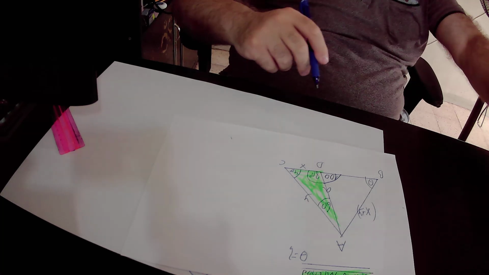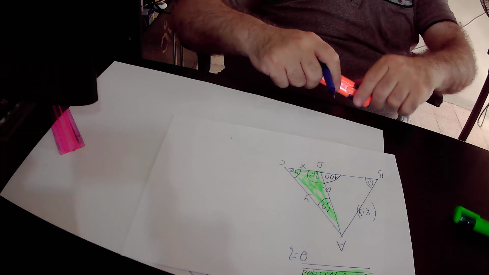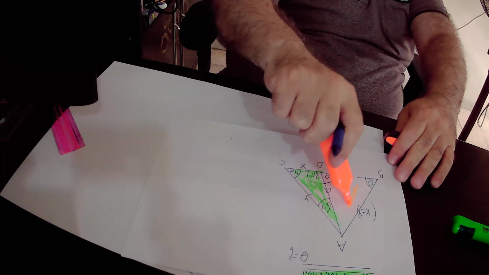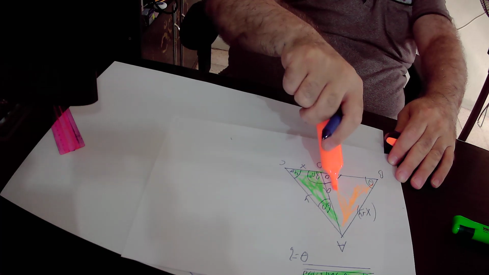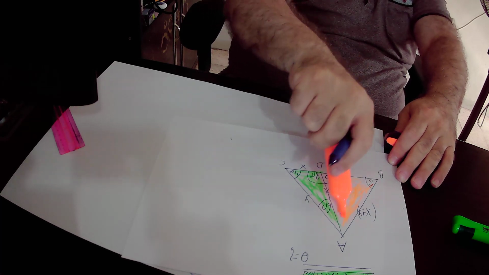So in the next step, we'll focus on the orange triangle ABD, and we'll implement the law of sines in the orange triangle ADB.